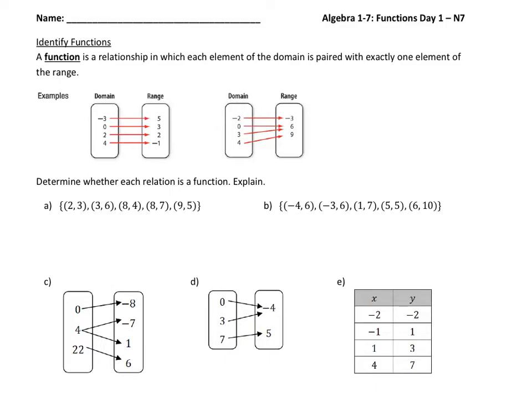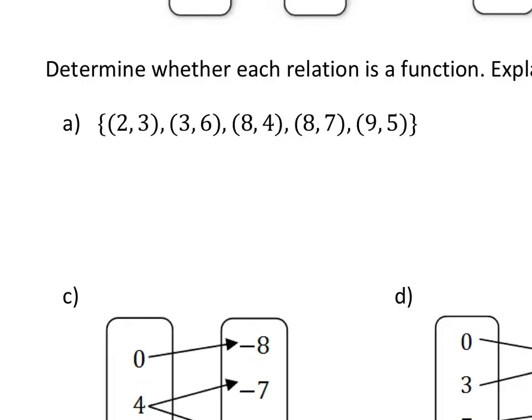So if we take a look at letter A, determine whether each relation is a function and explain. If I were to create a mapping of this, let's go ahead and do that. Our domain, we have 2, 3, 8, 8, and 9. So 2, 3, 8, and 9. Remember, we only write each number once.